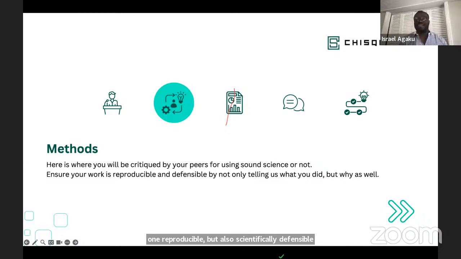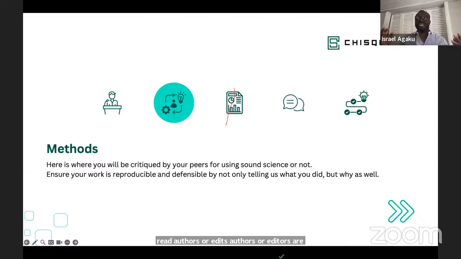It is not enough to tell us that you did so and so. The question is why? This is particularly important when you are using methods that are not everyday methods. Authors or editors are generally used to reading logistic regression.